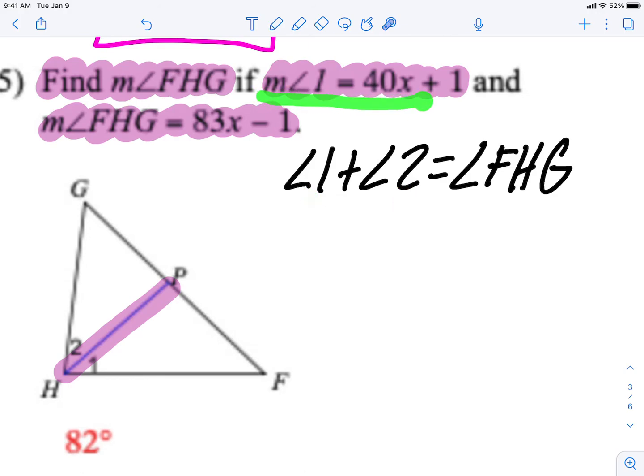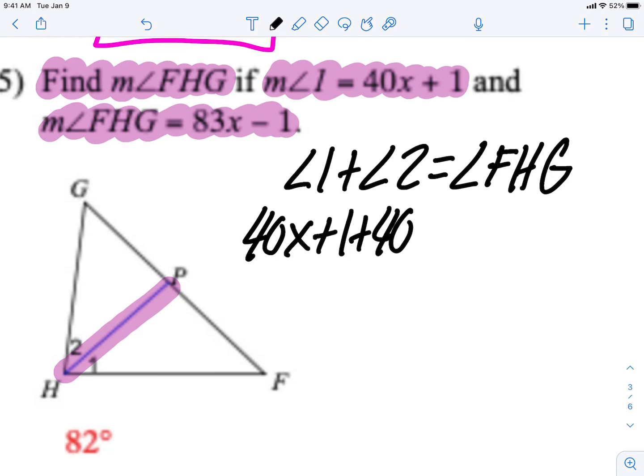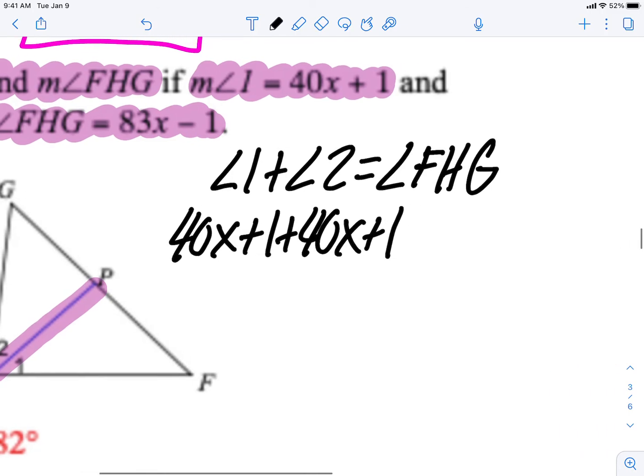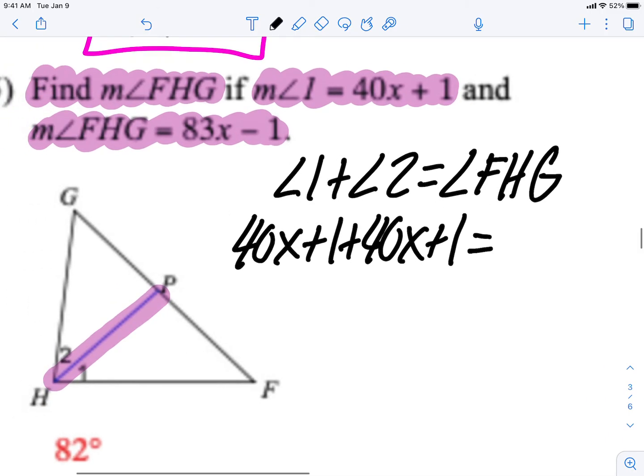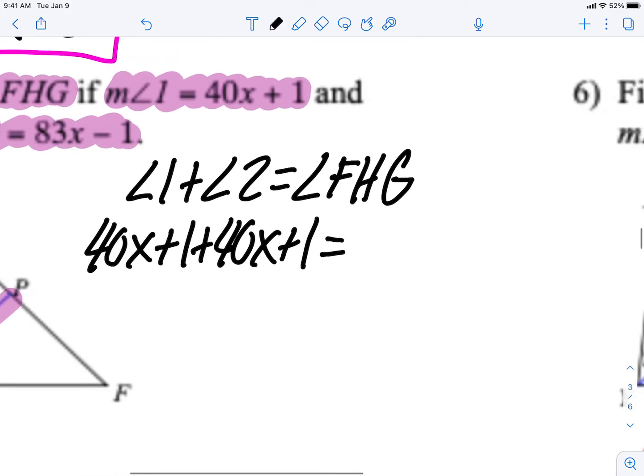We do have angle 1, 40x plus 1. We don't have angle 2, but we don't need it because we already know it's equal to angle 1. So it's also 40x plus 1 plus 40x plus 1 is equal to angle FHG, which is 83x minus 1.